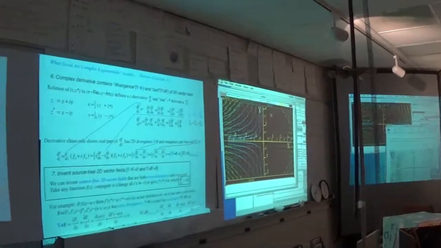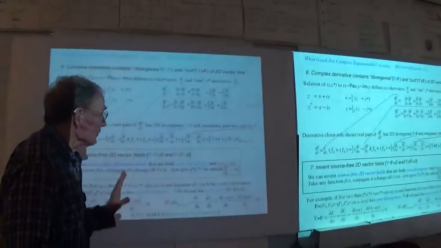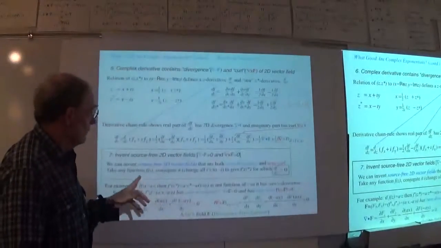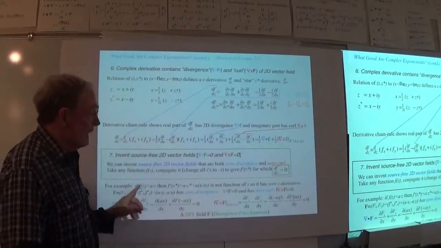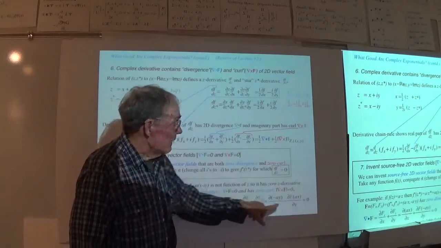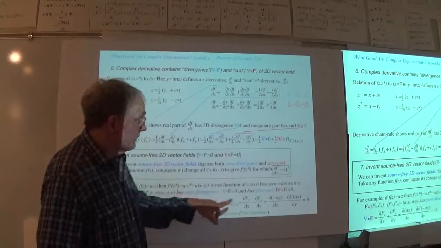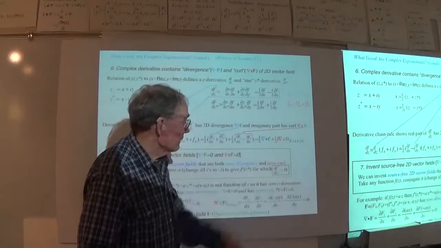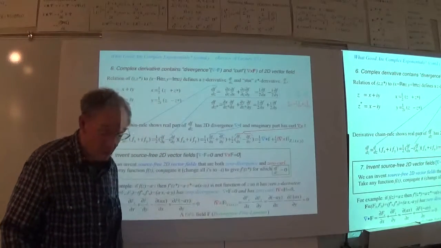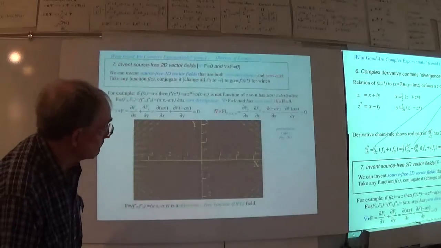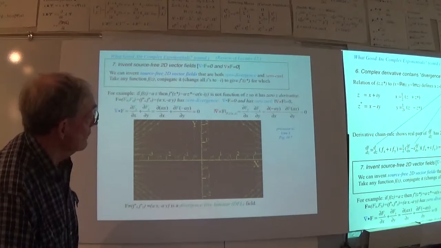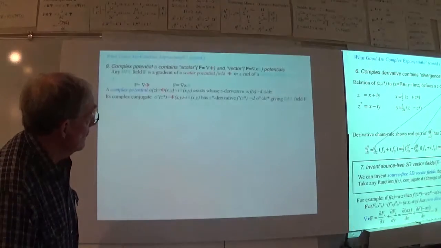But in the meantime, let's finish the discussion of the functions that have had this recipe applied and which have everywhere on the plane that we're looking at a zero for curl and for divergence. So this is the one that we're talking about here.